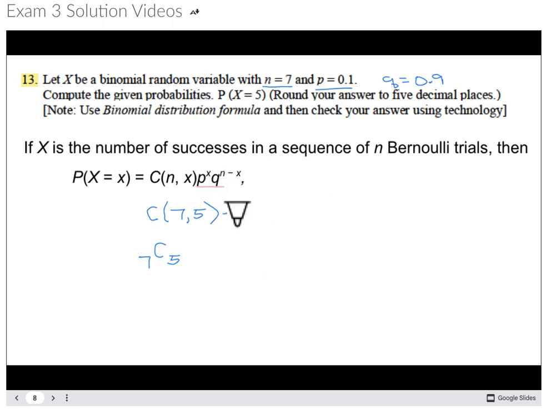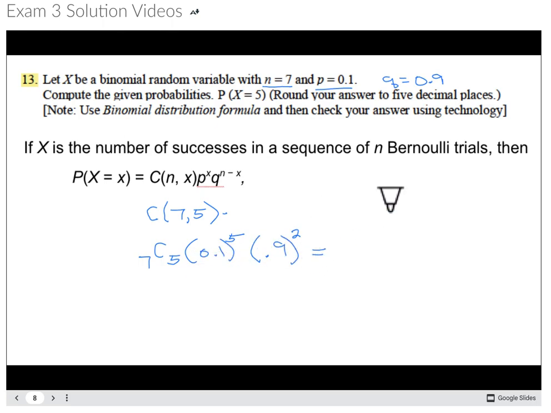And we're going to multiply that by the probability of a success, which is 10%, and we want that to happen 5 times, 5 successes, times the probability of a failure, which is 90%. And that is going to happen 7 minus 5 times, which is 2. So that's why the 5 plus 2 always has to add to the 7. The 5 here and the 5 here are the same because those are the successes.